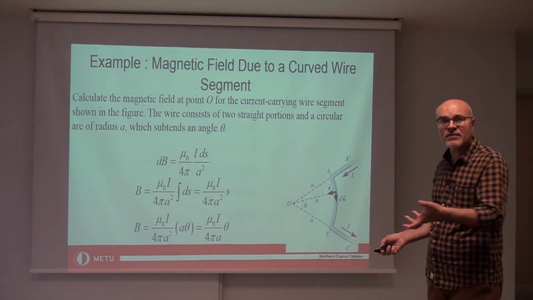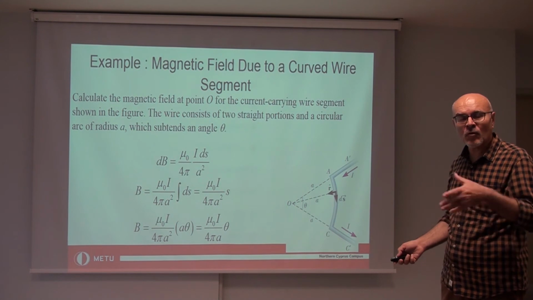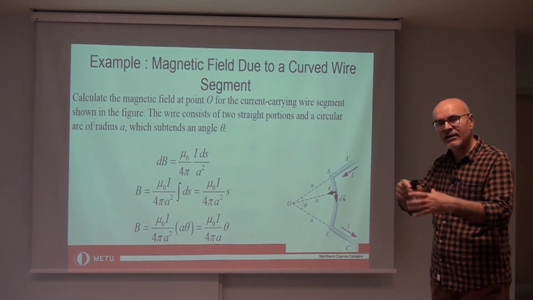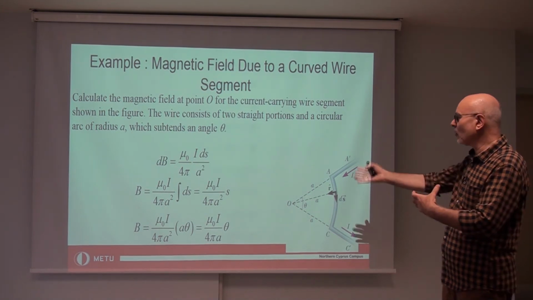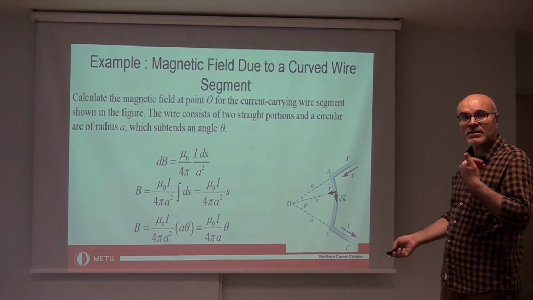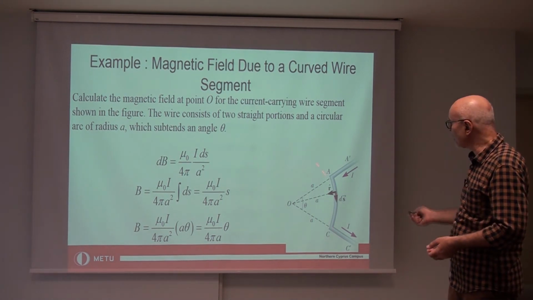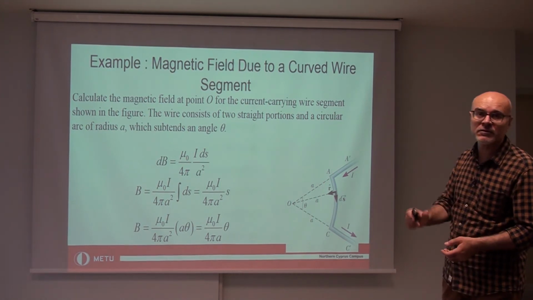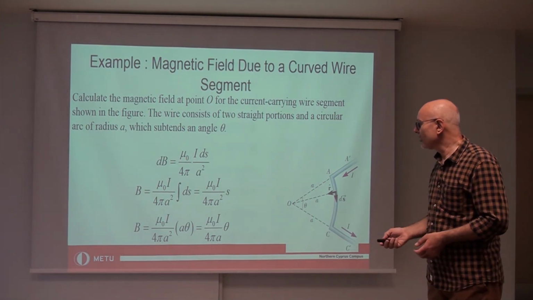And the direction is found easily by the right-hand rule. All of them contribute a field in the same direction, and it's perpendicular to the plane defined by the arc. It's either out or in, depending upon the direction of the current. In our case, it was into the page. If the current was flowing in the opposite direction, ds would always be in the opposite direction. In this case, it would be out of the page. Okay? So it's all the same.